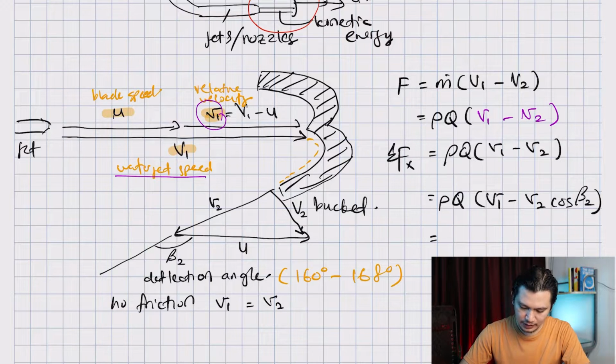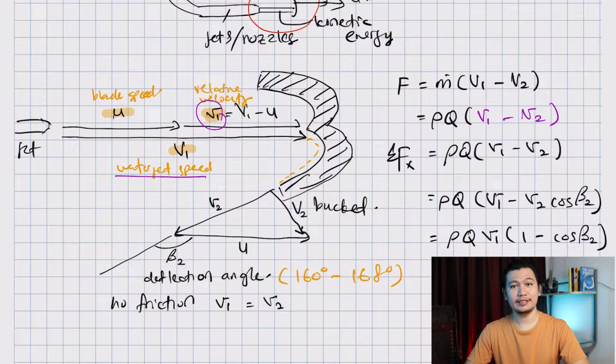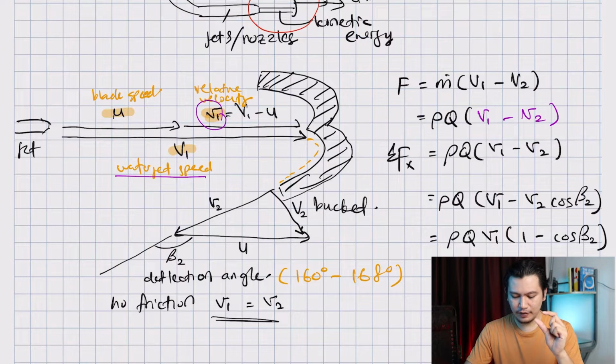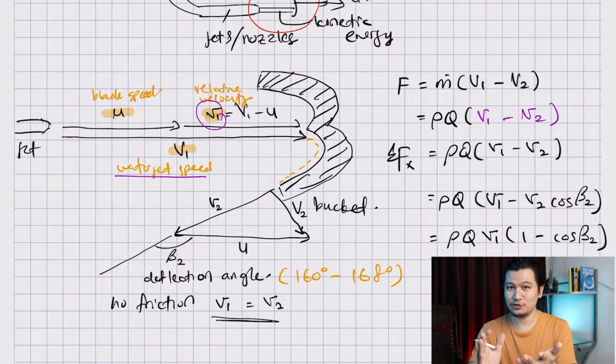If I replace it here, that's going to be rho Q v1 times (1 minus cos beta 2). Does that make sense? Simply replace v2 with v1 because our assumption is that the blade has no friction.